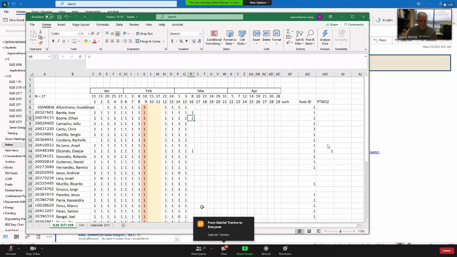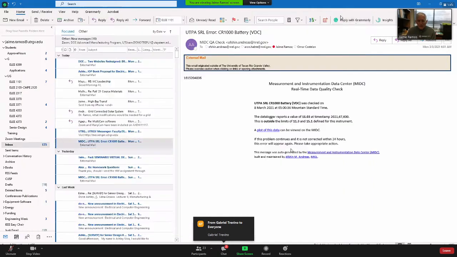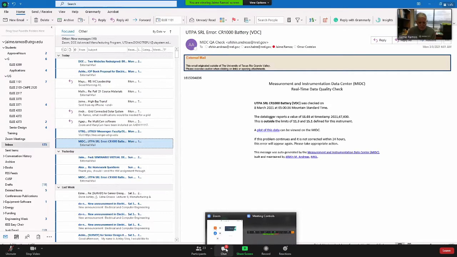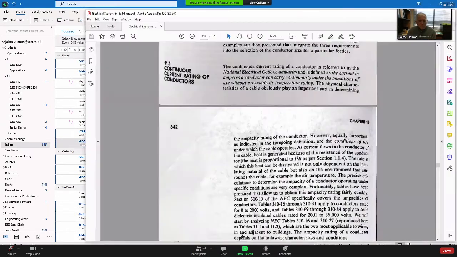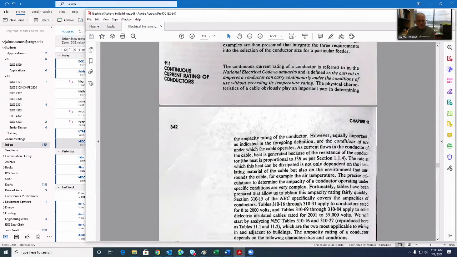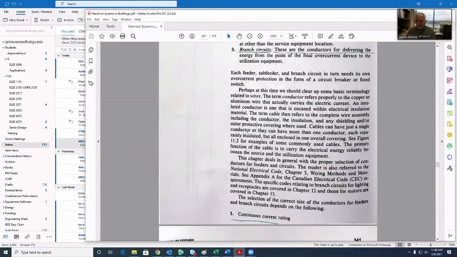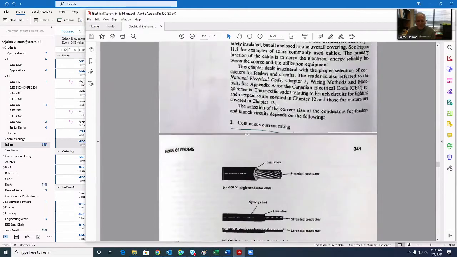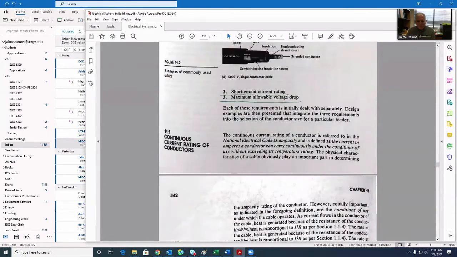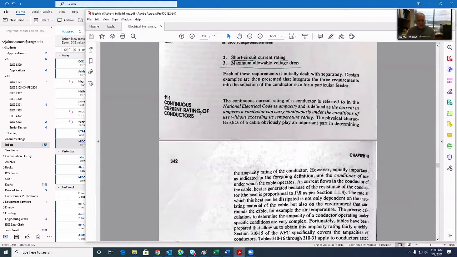Let's look at the book. Chapter 11, we already started discussing chapter 11. It continues, so here is the definition of ampacity.